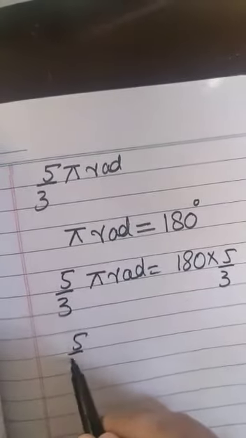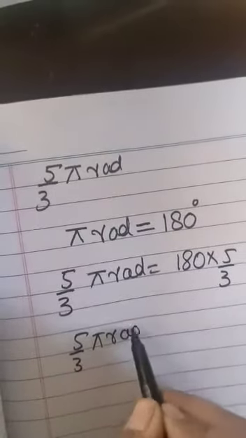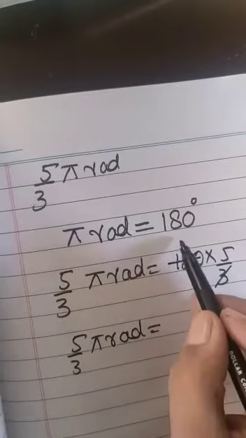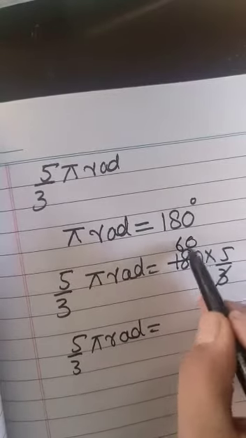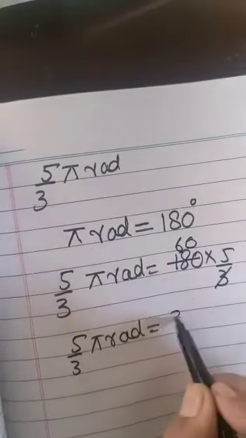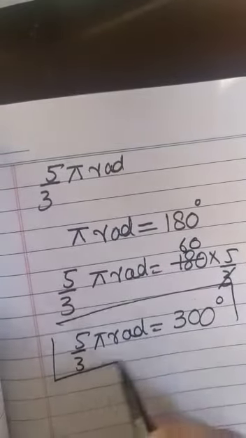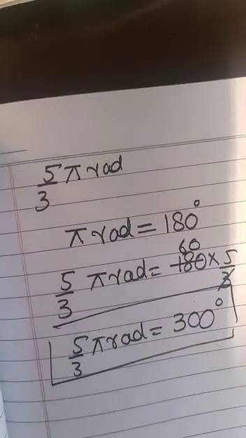So we get 5 by 3 pi radians is equal to, when you simplify, 3 sixes are 18, 60, and 60 multiplied by 5, you get 300 degrees. So 5 by 3 pi radians is equal to 300 degrees.